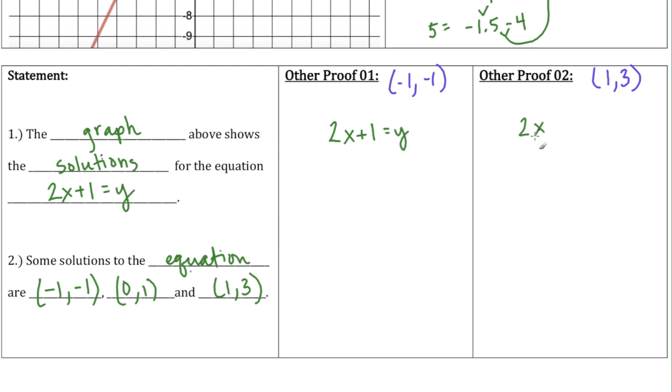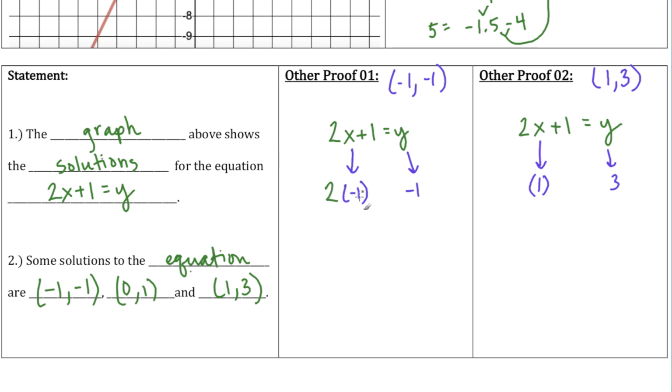And let's replace the x right here with -1. And the y will also become -1. I don't need parentheses there. And then over here, the x will become 1. And the y will become 3.